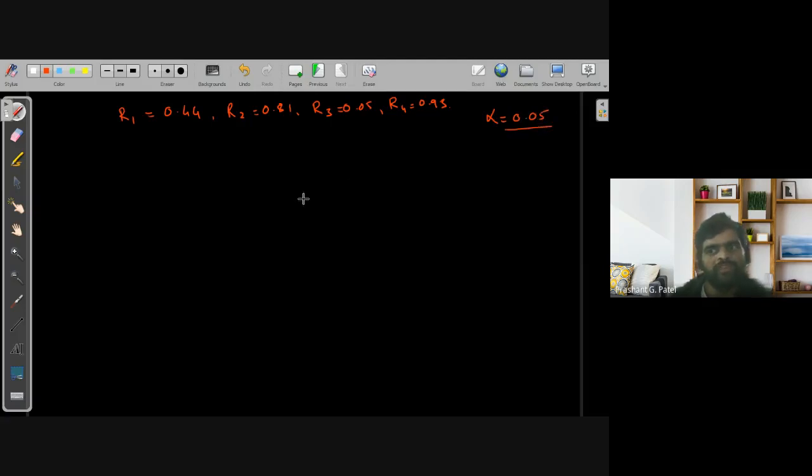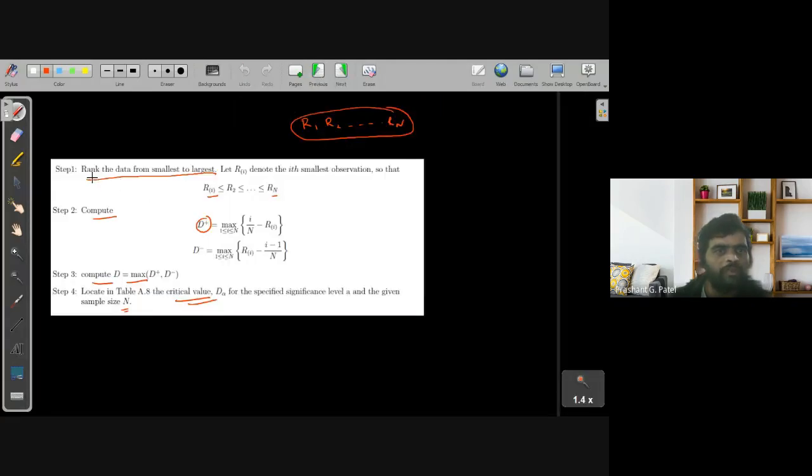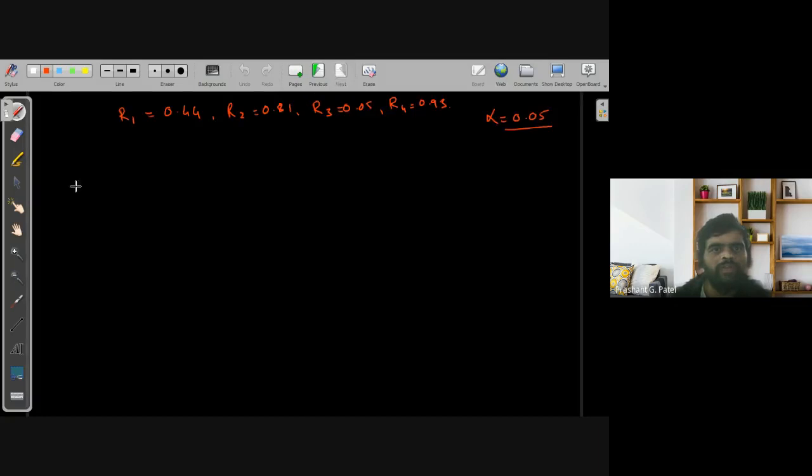So the first step is to arrange these. In the first step you have to rank them from smallest to largest. So the first thing, we will write them down from smallest to largest. The smallest number is 0.05. Then you will have 0.14. Okay, 0.14 I have not written.